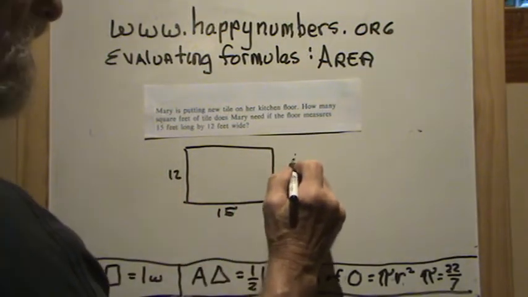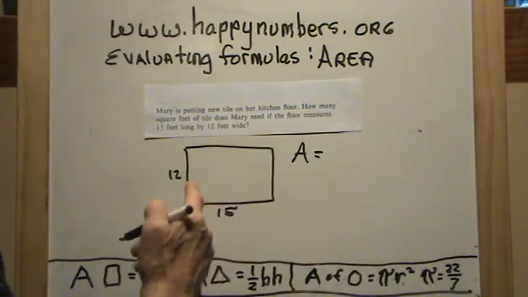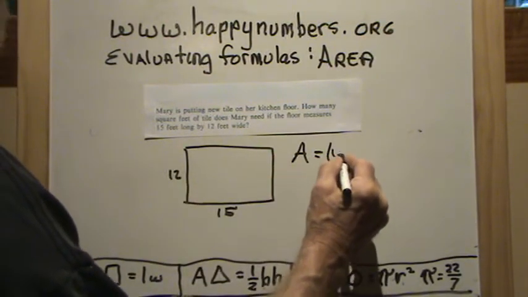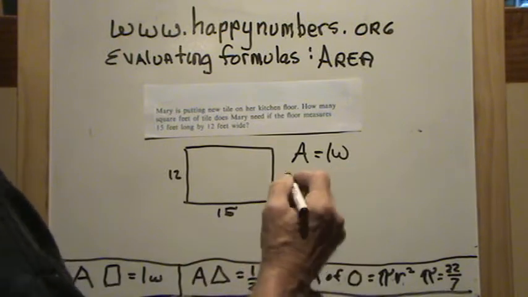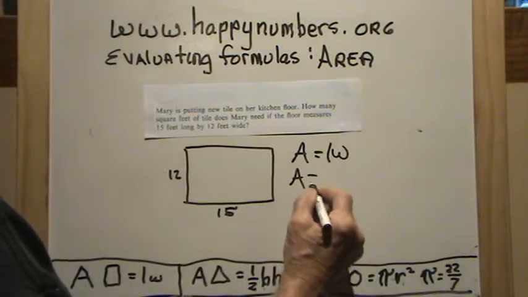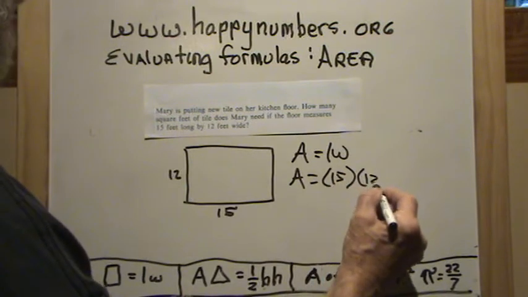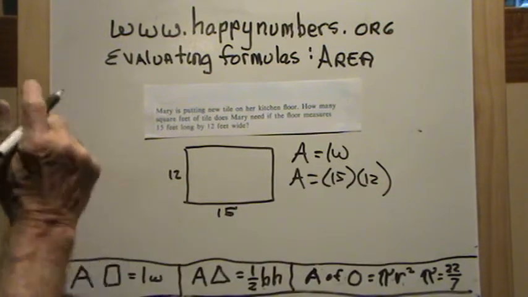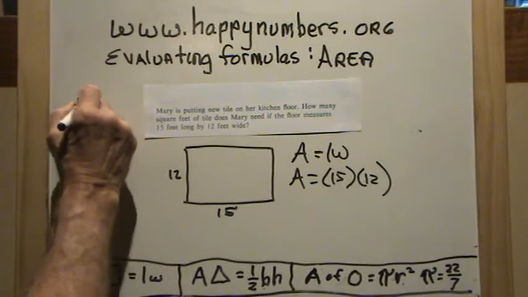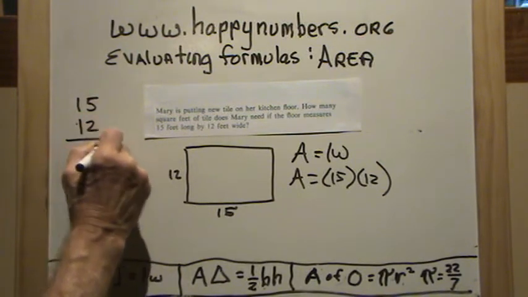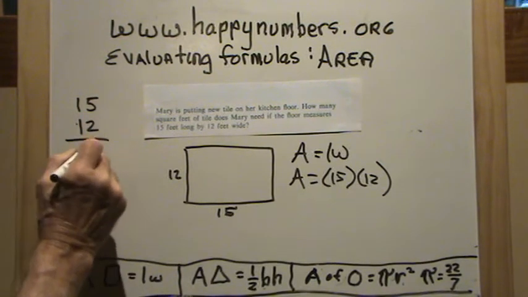Well, we know the area of the rectangle is equal to length times the width. So we substitute. Area is equal to 15 times 12. I'll do that here. 15 times 12. 2 times 5 is 10.